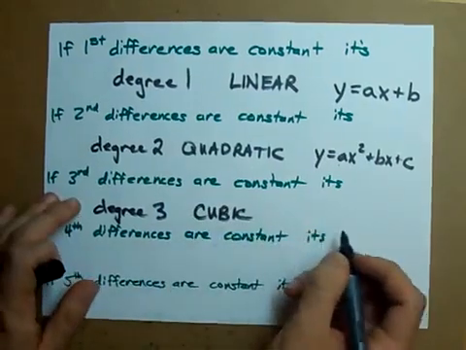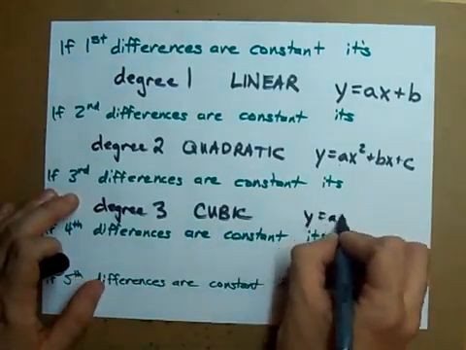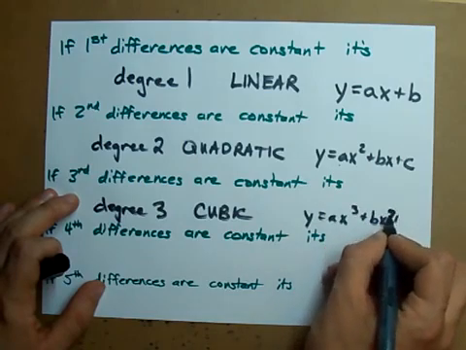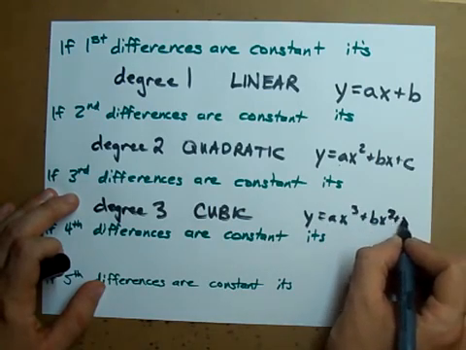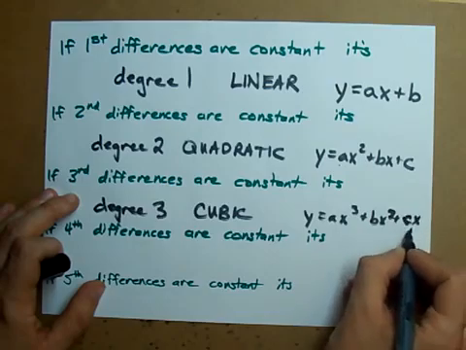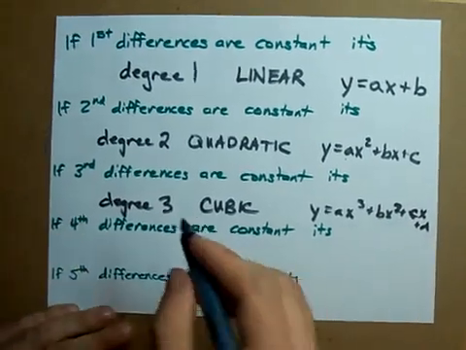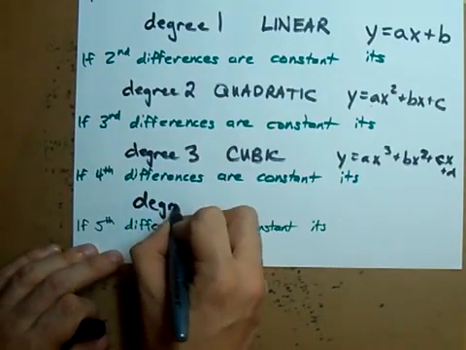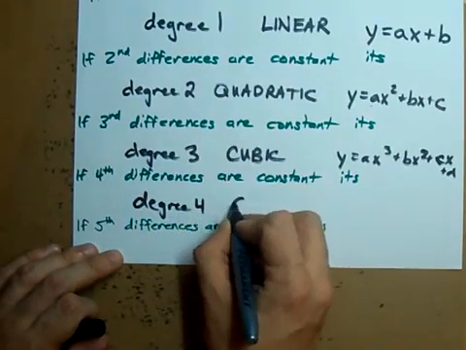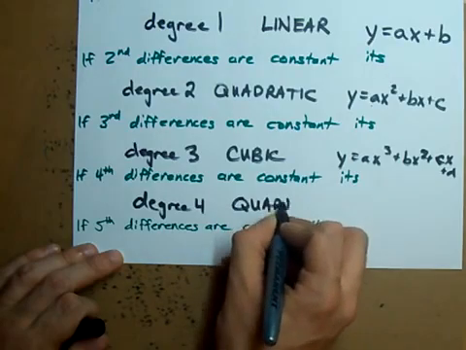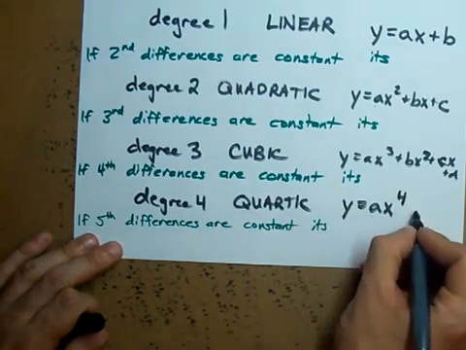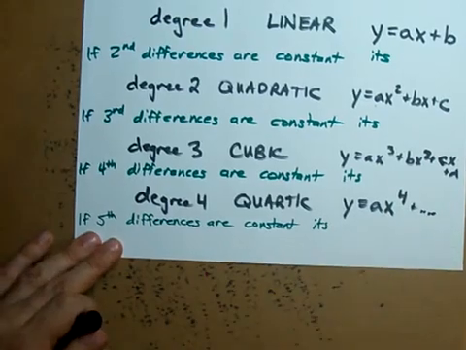That's known as a cubic. Y equals ax cubed, and you may have an x squared and an x and a constant at the end. Guess what? Fourth differences are for degree 4. We call those quartics. And they are y equals ax to the 4 plus a bunch of other stuff.